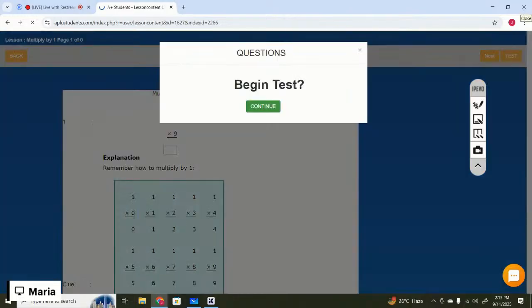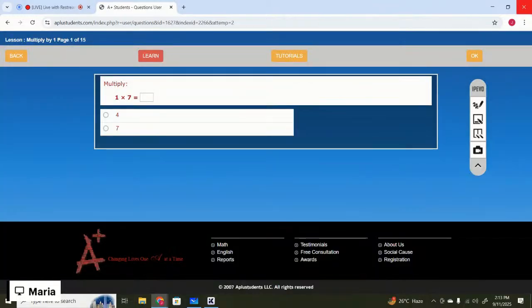Start questions. One times 7 is 7. So whatever number it is, if you are multiplying it by 1, the number stays the same.